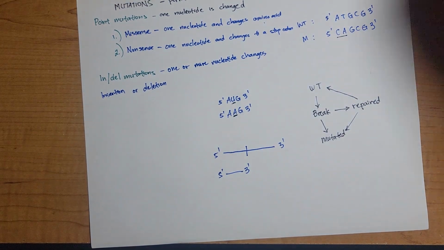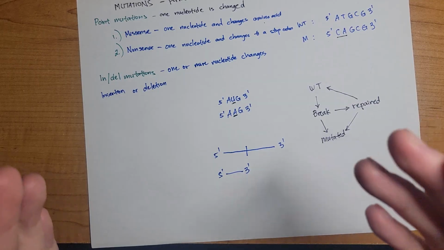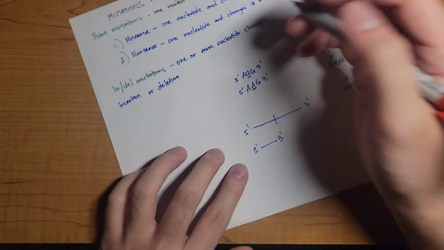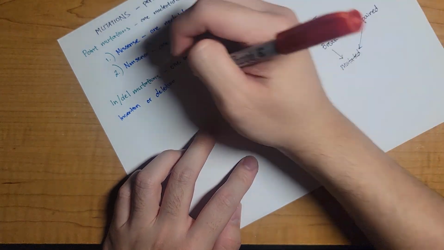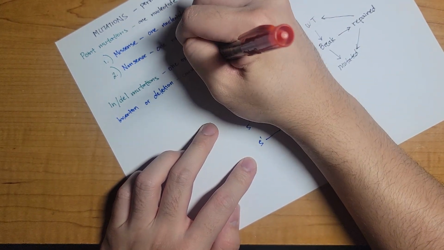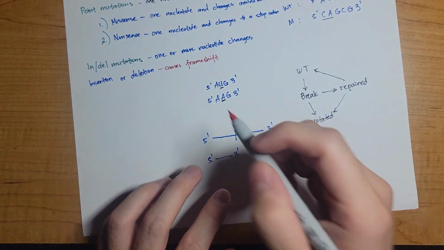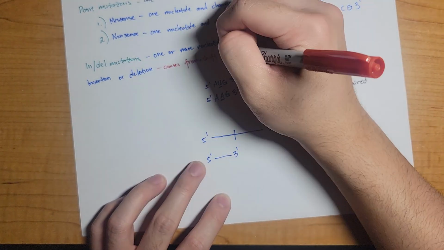So if you imagine inserting a nucleotide into a sequence, it causes a frameshift, right? I will show you what it looks like, but I'm just gonna start writing them down first. It causes a frameshift, right? But not every time.